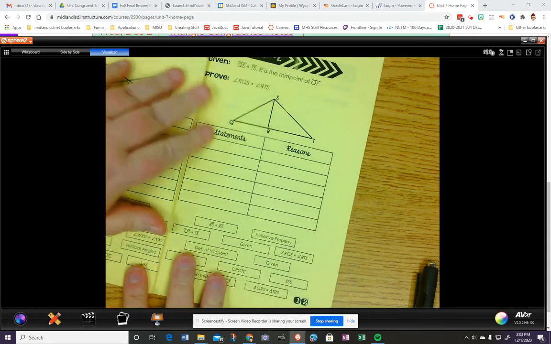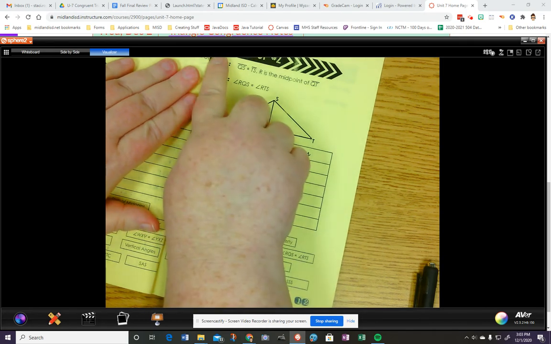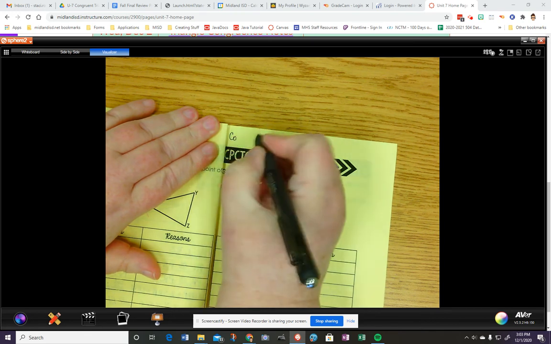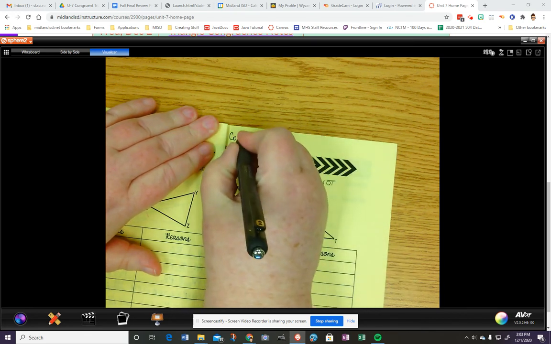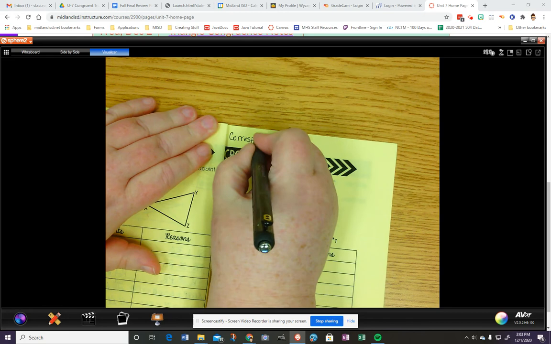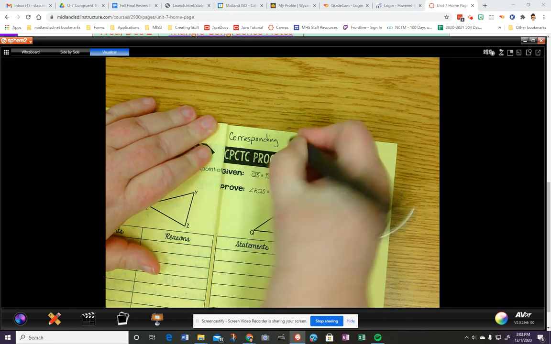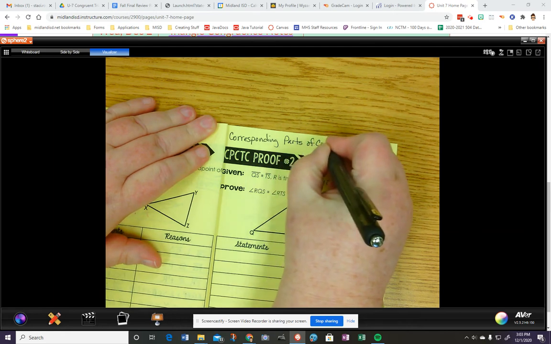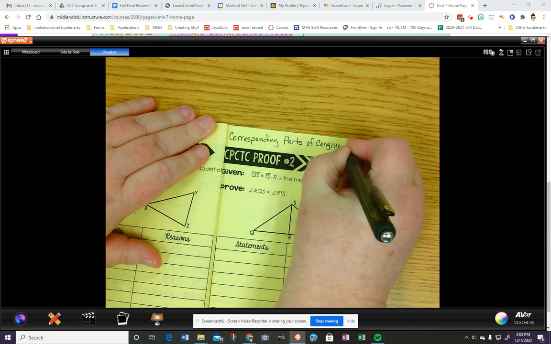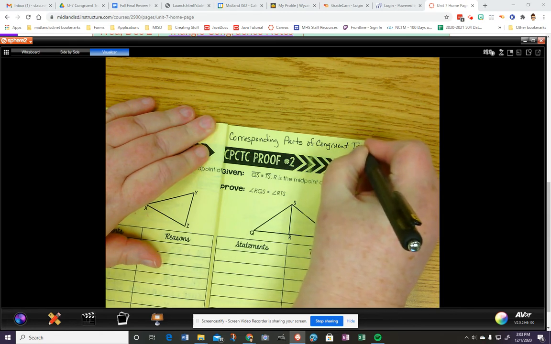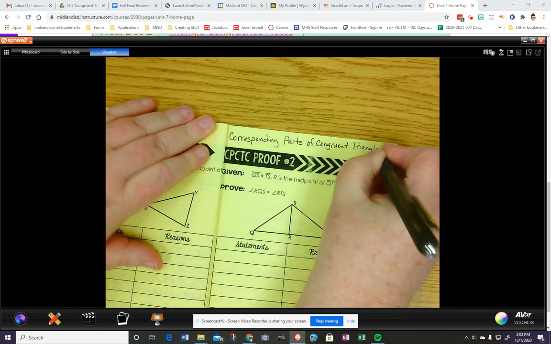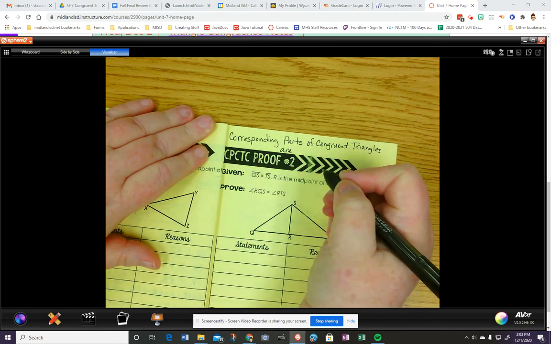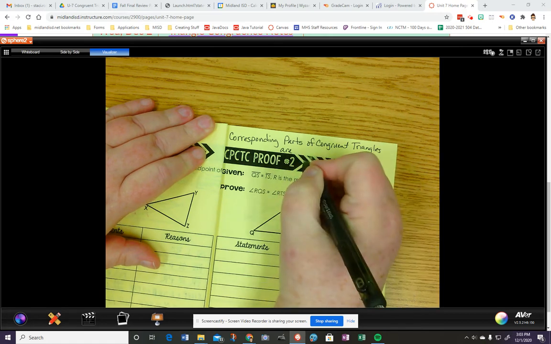Number 12, page 12. CPCTC proof. That stands for corresponding parts of congruent triangles are congruent.